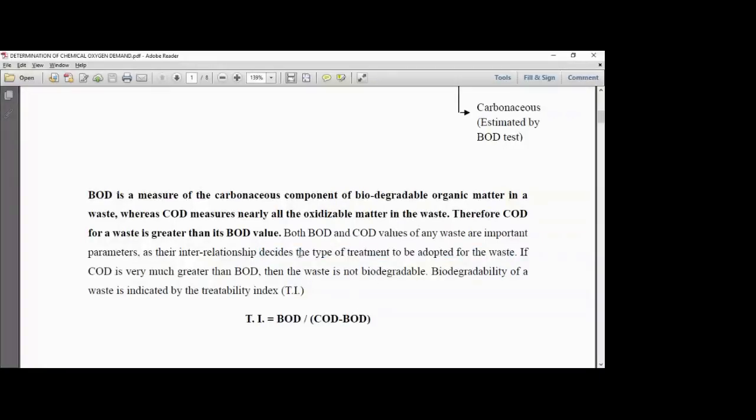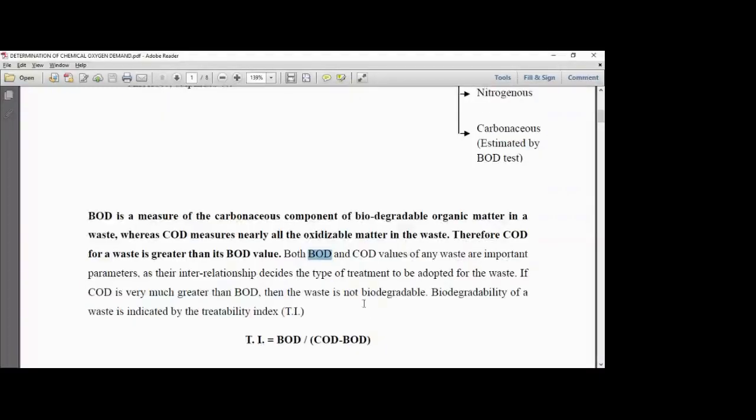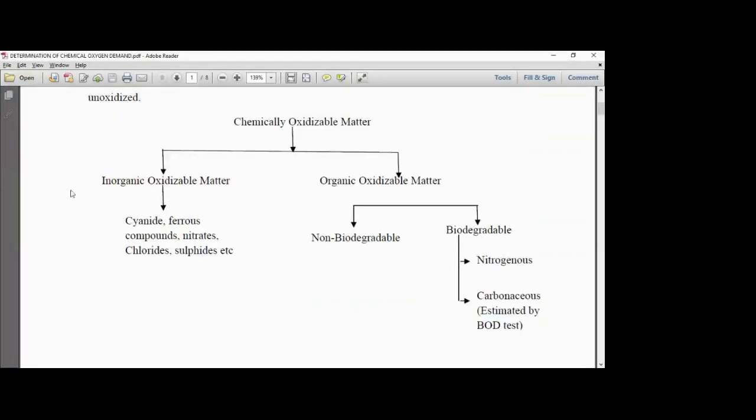If COD is very much higher than BOD, then the waste is not biodegradable, right? What is the meaning of the COD being higher? If the COD is higher, that means there is a lot of inorganic oxidizable matter in that particular substrate, right? Normally in BOD we find out the carbonaceous oxygen requirement.